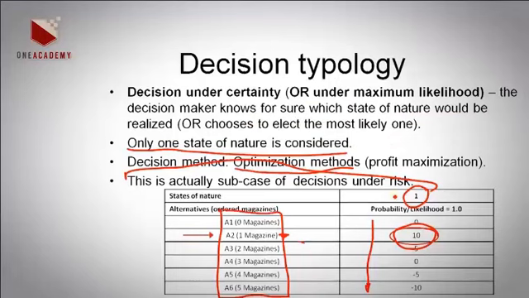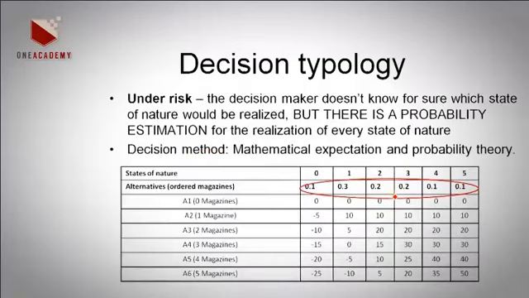Okay, next case, decision under risk. The decision maker doesn't know for sure which state of nature will be realized, but there is a probability estimation for the realization of each state of nature.